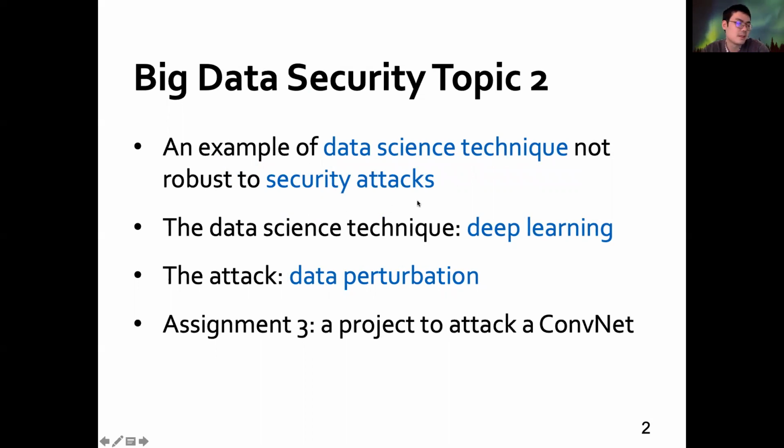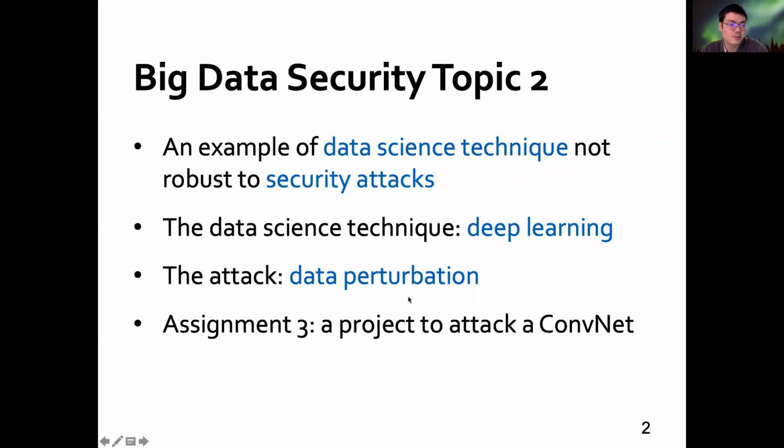If you have an image classifier and you think it's a cat, but we change 1 pixel, for example, the deep learning model will think it's a dog. Again, we are studying deep learning, but this time we are not using deep learning to attack something else. We are directly attacking the deep learning model itself. The attack technique is called data perturbation. We are basically working on images.